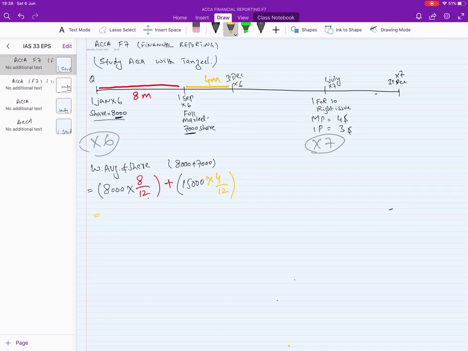So calculate the number of shares. The weighted average number of shares will be 10,333 shares. Suppose 50,000 is your profit.